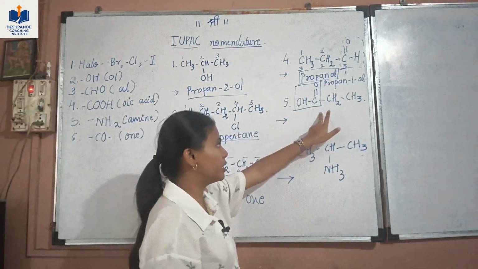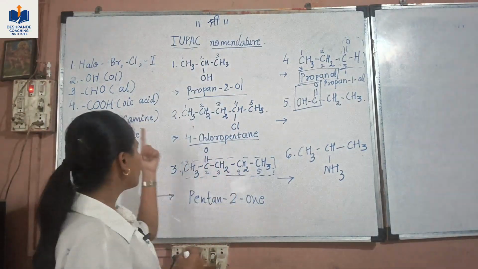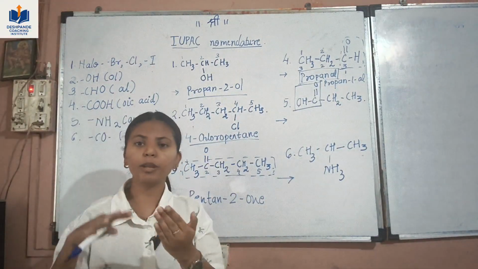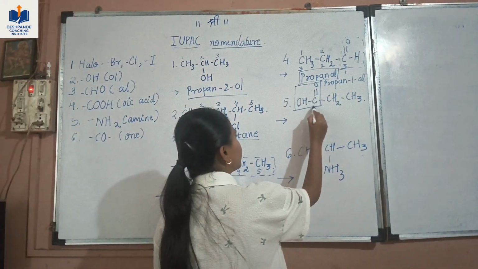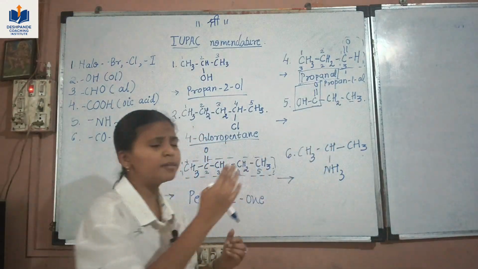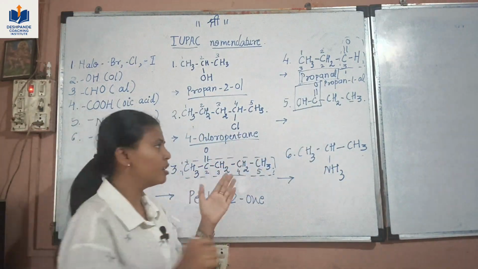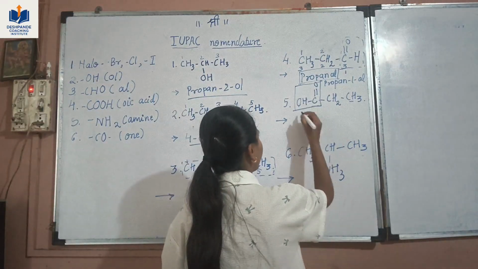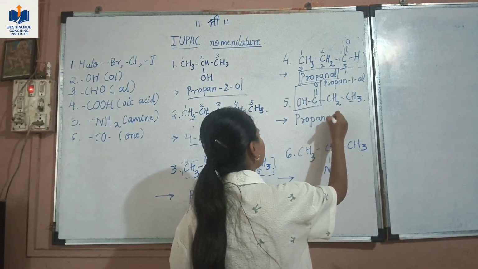Now we'll count the carbon. 3 carbons, so it is propane. And the ending is oic acid. Therefore it will become propanoic acid. And same like aldehyde, it is also present either at this end or at this end. So it is always present at the starting or ending. Therefore we don't have to mention the number. So we can directly write propanoic acid.